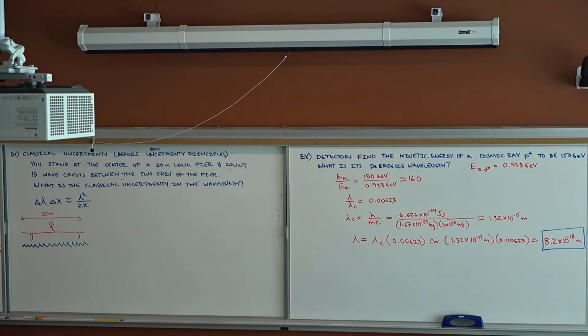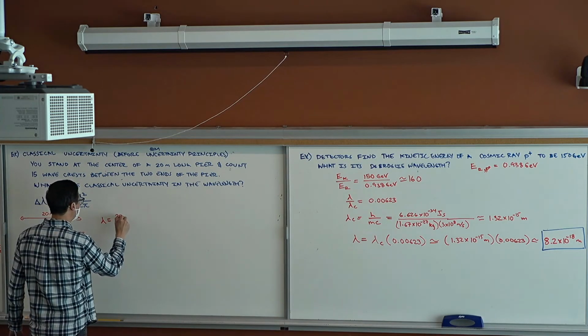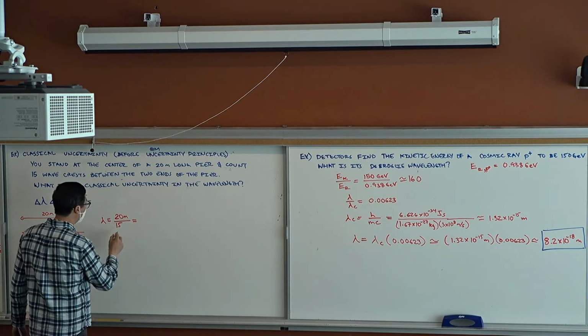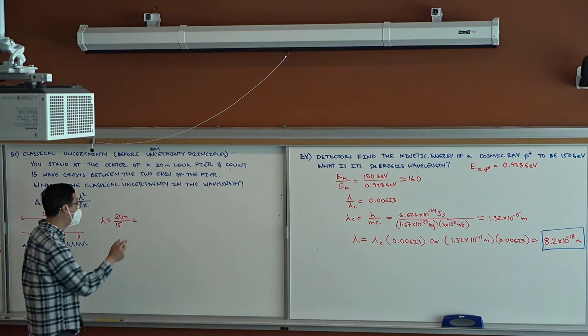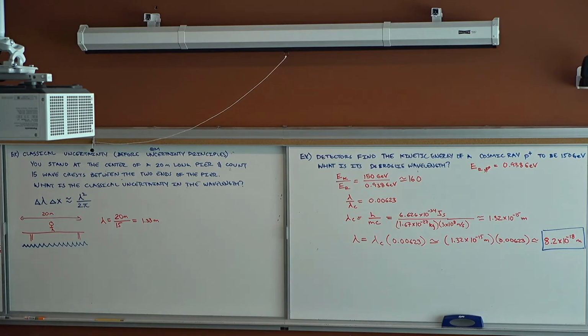And we want to have some sense as to what a classical uncertainty in the wavelength is. Classically, you might describe this as the wavelength, lambda, equal to 20 meters over 15 waves, which is 1 1/3, so 1.33 meters is the wavelength.